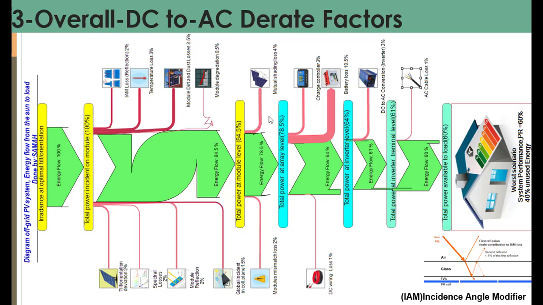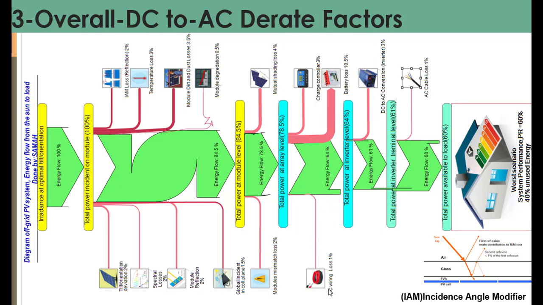Also in this stage we have other sources of losses, such as mutual shading. Shading has another effect of losses, and the charging controller is also another source of losses, battery losses also, and the losses inside the inverter from DC to AC.